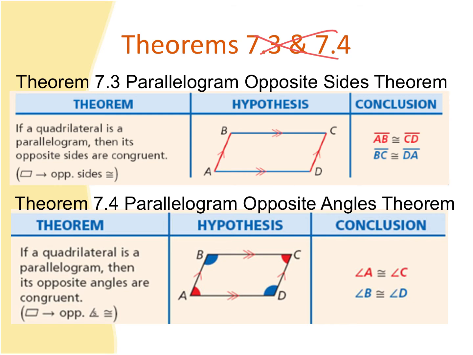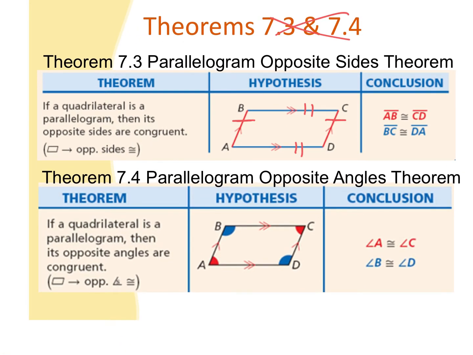So now, instead of just saying that AB is parallel to CD, now I can also say that AB is congruent to CD by the parallelogram opposite sides theorem. I can also say that BC and AD are parallel as well as congruent.